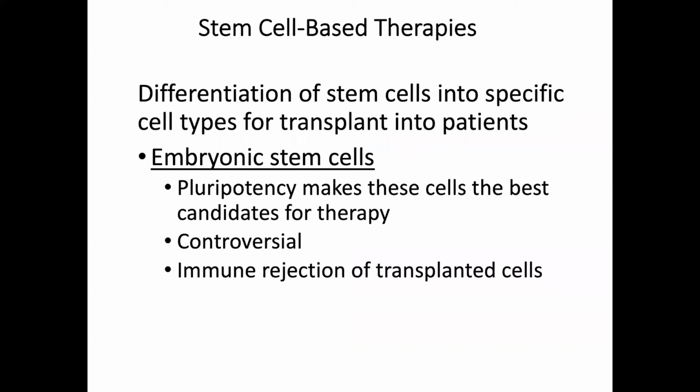The stem cell-based therapies are based on differentiation of stem cells into specific cell types for transplant into patients, okay? The source of stem cells can be embryonic stem cells or adult stem cells. Because ES cells are pluripotent and can differentiate into any types of cells, they are the best candidate for therapy.